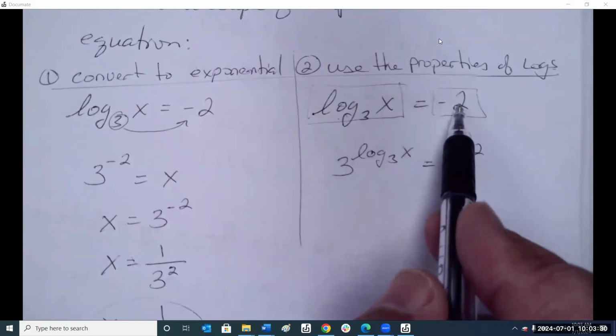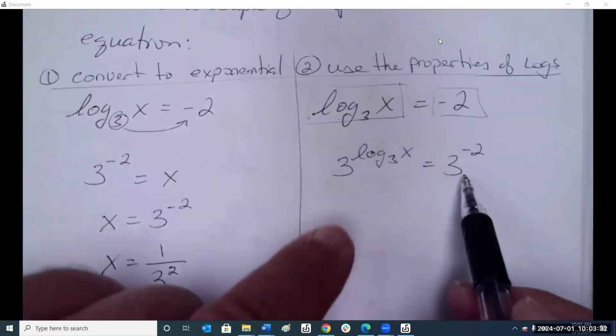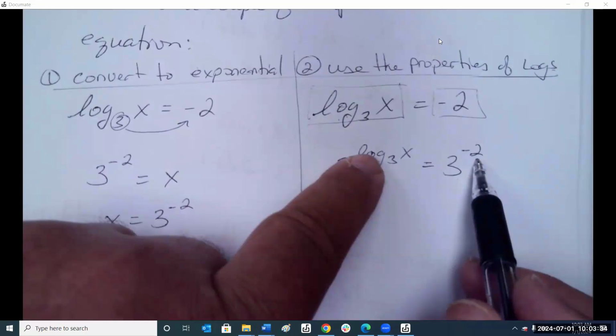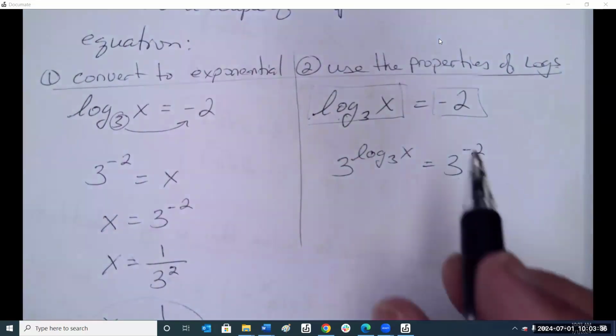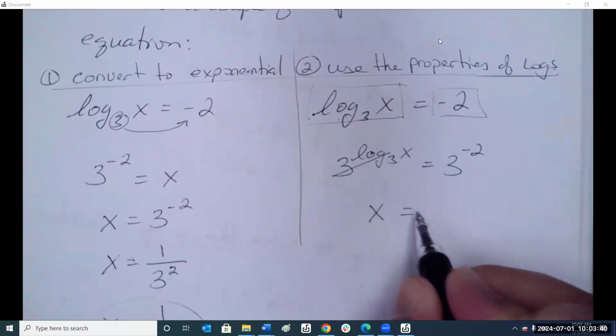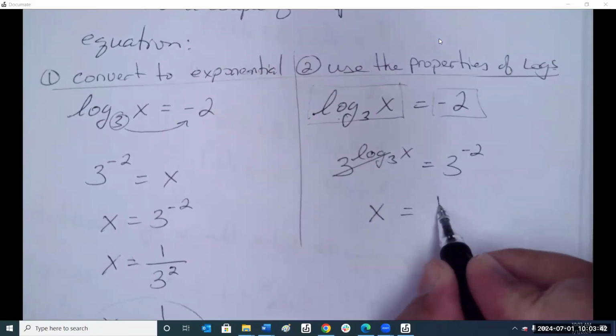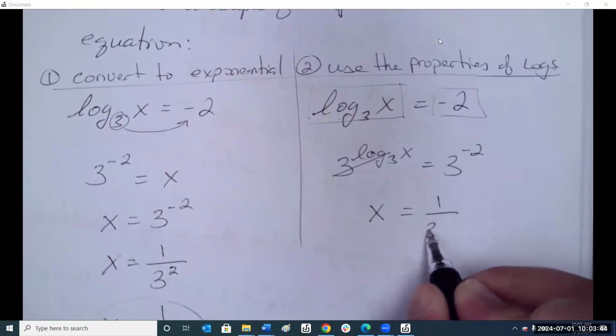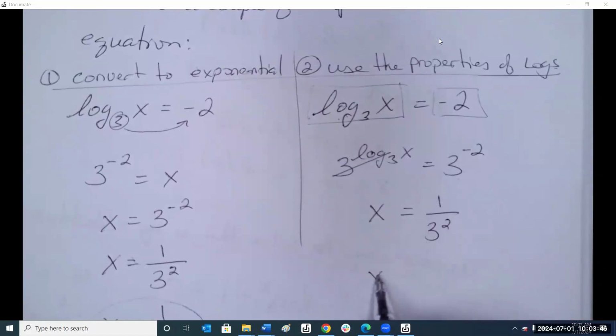If those are equal and I make them both exponents with the same base, the exponents have to be equal. So the left side equals x, the right side equals 1/3 squared, which is 1/9.